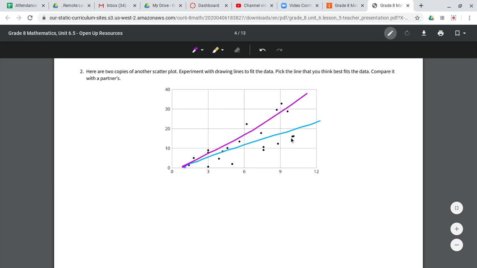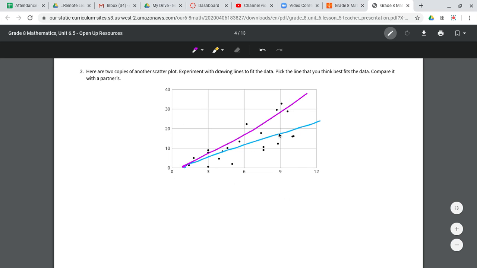So this scatter plot is difficult because it's all close together at the beginning, but then the further to the right we go, it kind of branches off in 2 directions. So this one's a hard one to get a nice line of fit or trend line for because it's more spread out. It doesn't have a strong correlation. It's got a weak correlation because of how spread out it is.